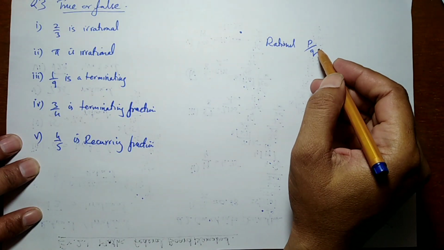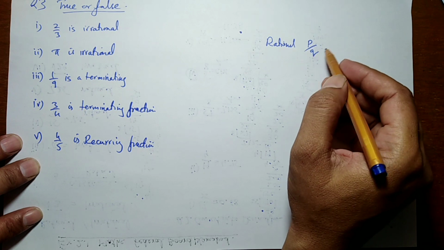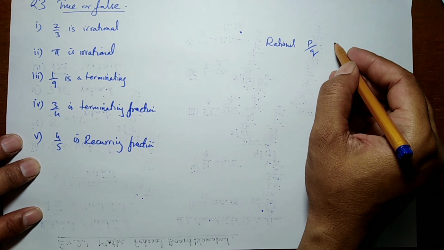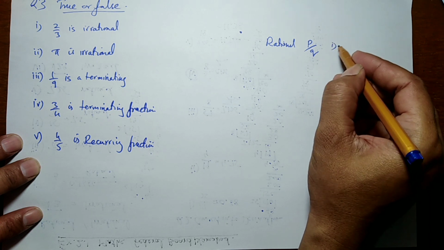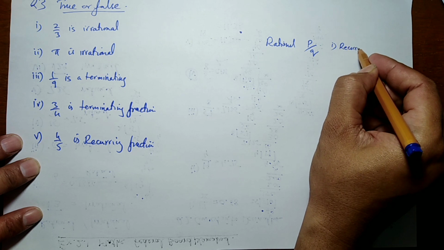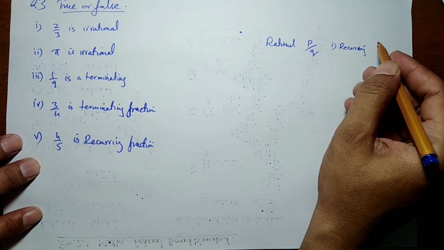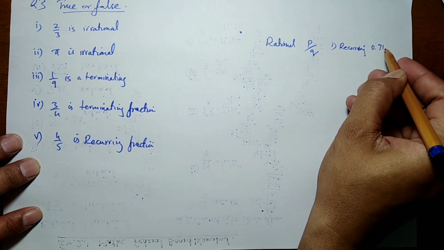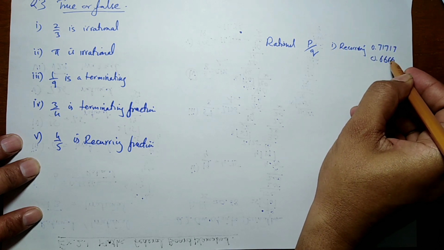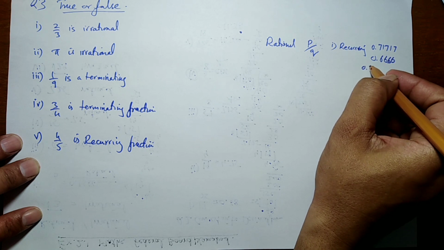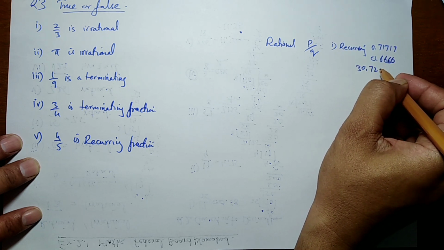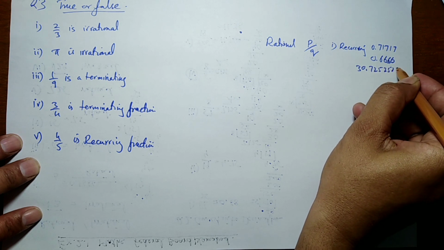Rational numbers are fractions like p upon q. When you divide p by q, you will get two kinds of answer. Maybe the decimal may be recurring, like 0.717171 or 0.6666 or even 0.3 with 6 recurring, or 7 2, 5 2, 5 2, 5 2.